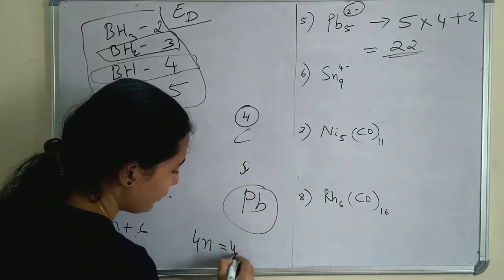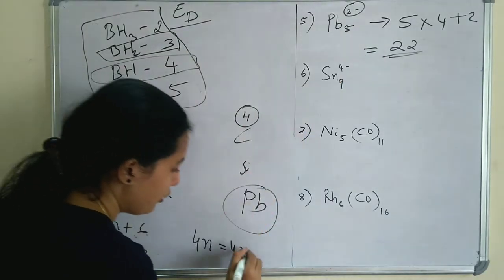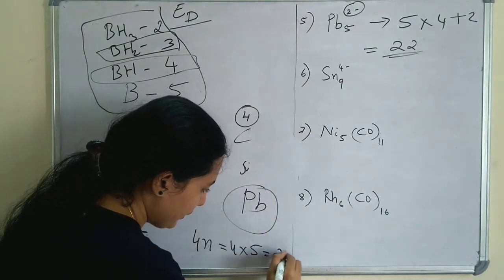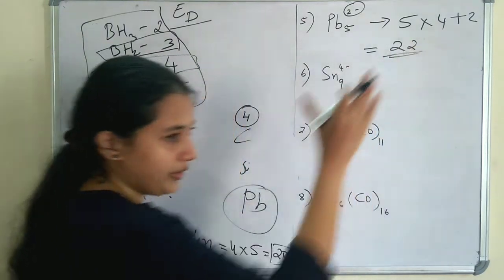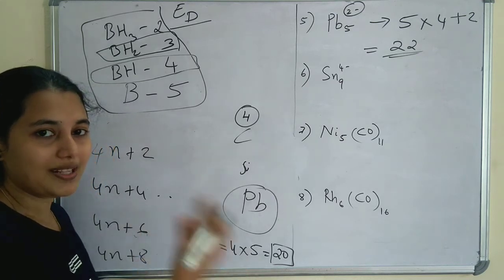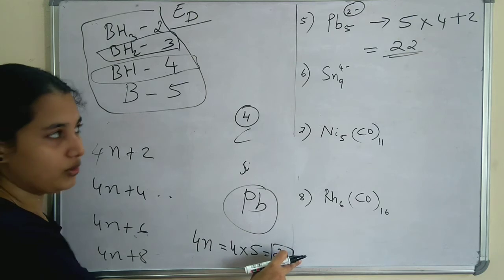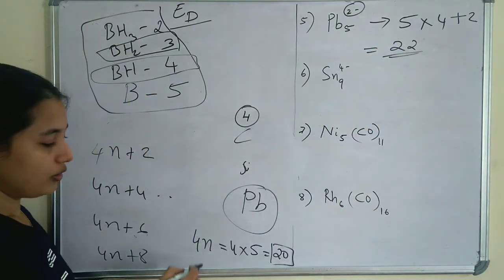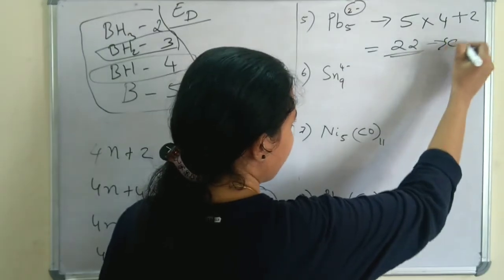Here n is the number of atoms, 5, and 4 into 5 gives 20. The total number of electrons is 22. So 4n plus 2 gives 20 plus 2, 22. Plus 2 means closo.